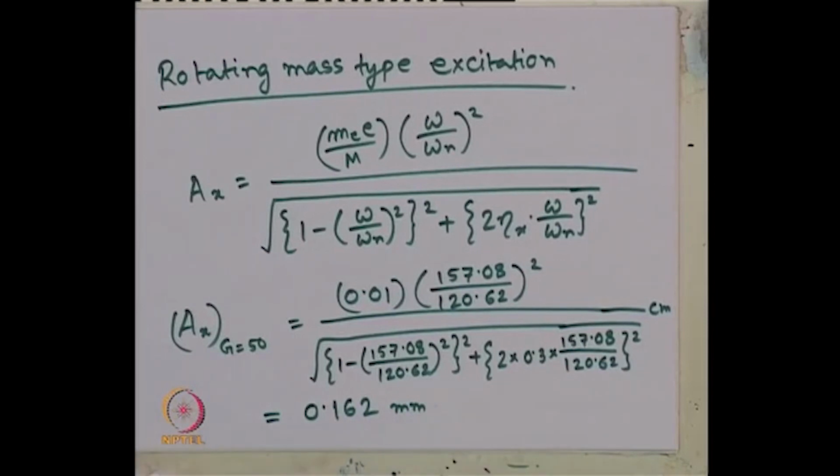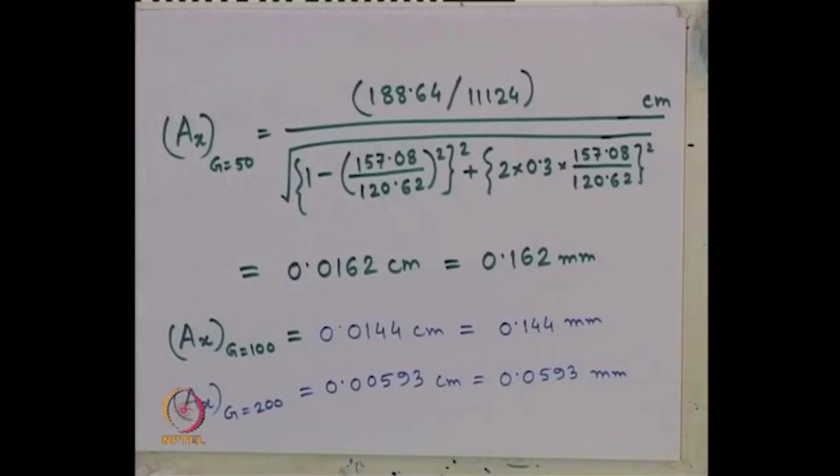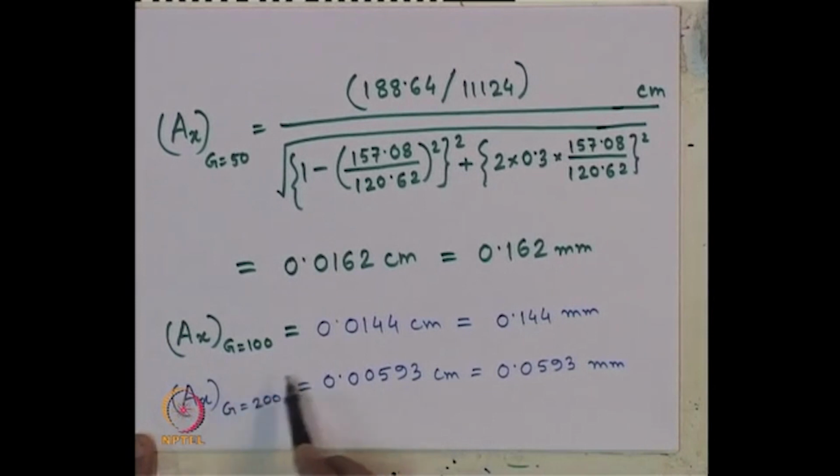Similarly, for the other two cases also, if we look back here, the value of A x for g equals to 100 will be 0.144 millimeter, and A x for g equals to 200 will be 0.0593 millimeter.